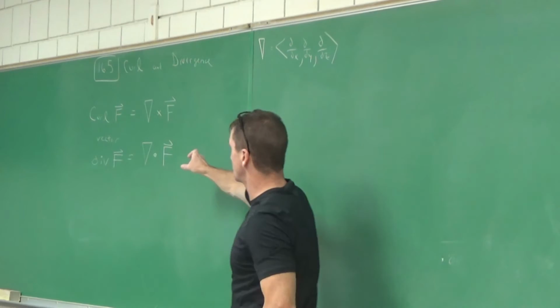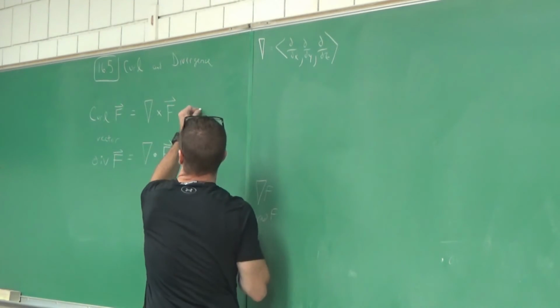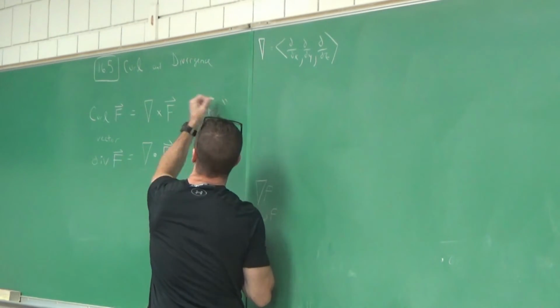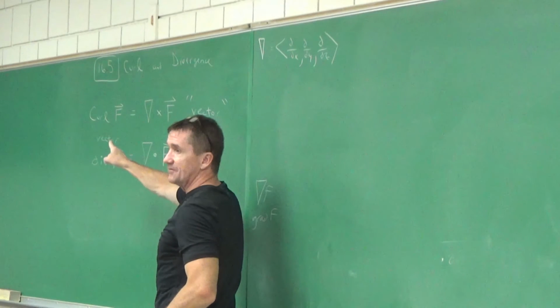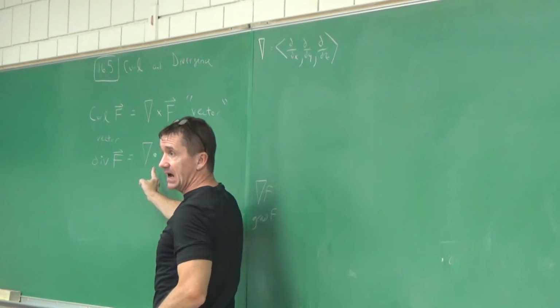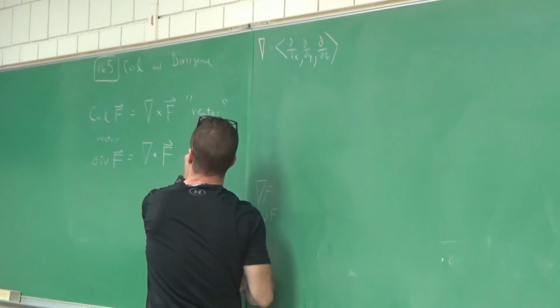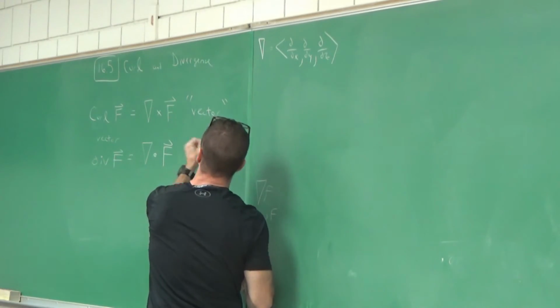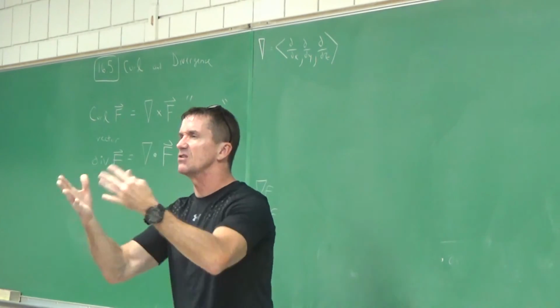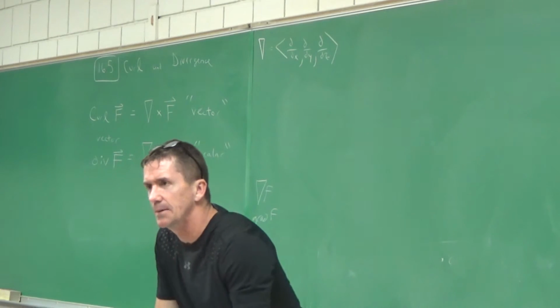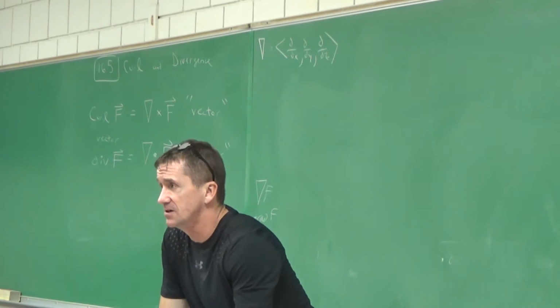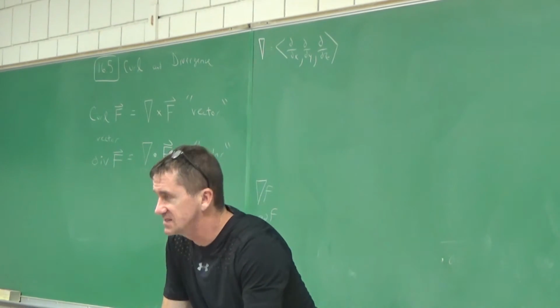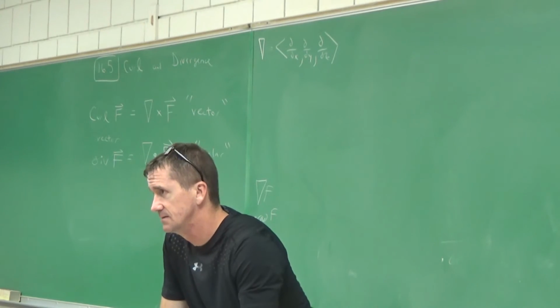Curl of a vector field was a vector. Divergence of a vector field, being a dot product, will always come out to be a scalar, or if the word scalar bugs you, a scalar function. It can come out to be a function, like a function of x, y, and z. A scalar function, not a vector field.